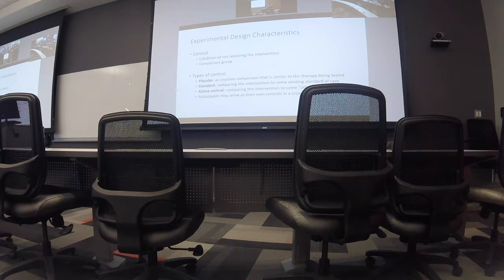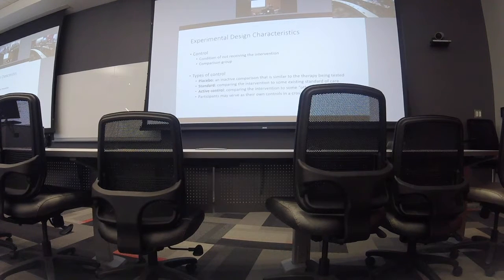There could be a standard control, so you compare the intervention to some existing standard of care. If you were doing a study that looks at asthma, and you want to look at a new asthma therapy that is being brought to the market, you can compare that study medication to the current standard of care for asthma.